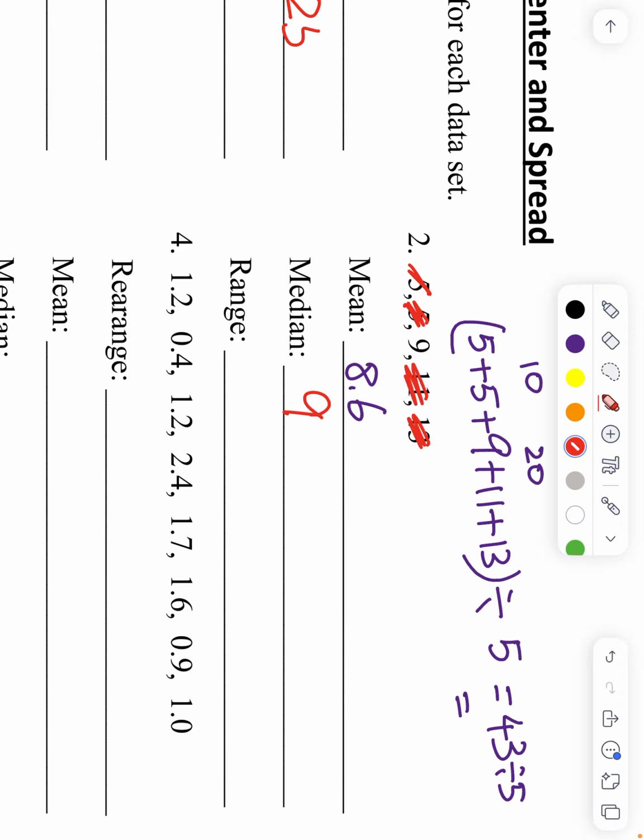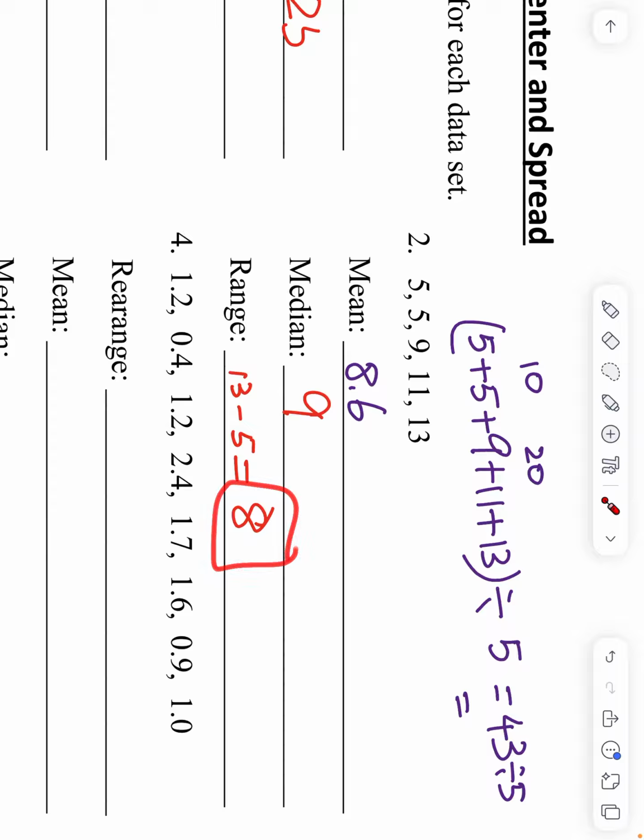Range: the biggest number subtract the smallest, 13 minus 5, that is 8. So the range is 8.